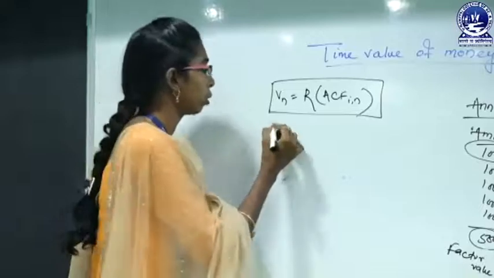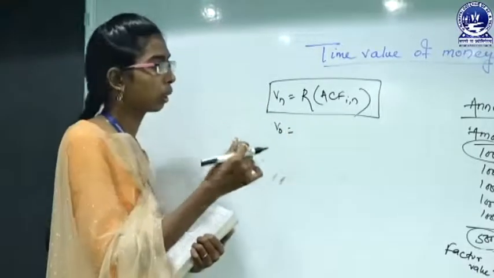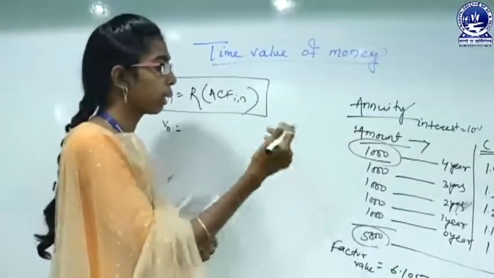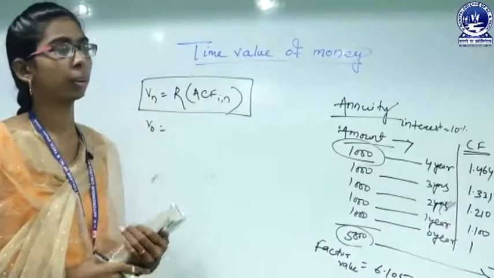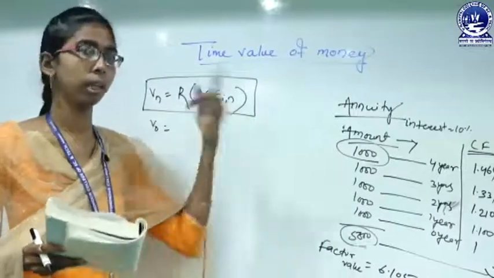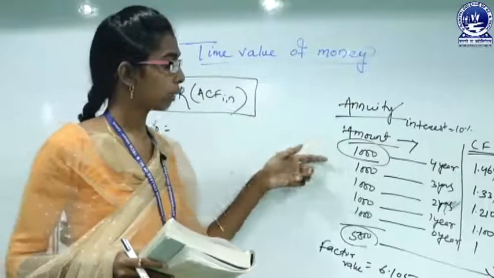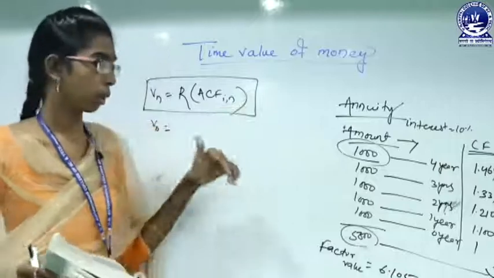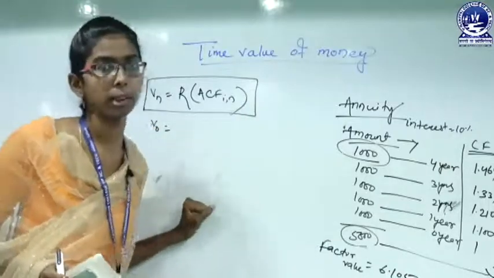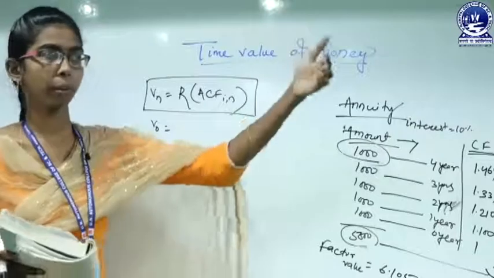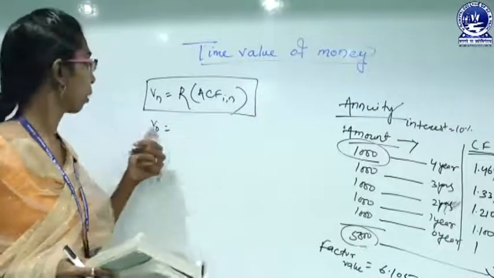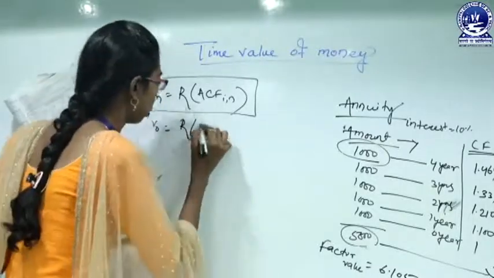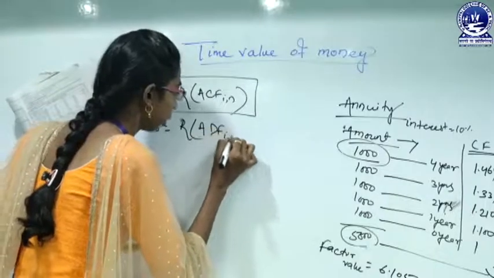Likewise, if we are going to calculate our present value, like if I am going to say that here we are paying, okay, but in case I am saying that the company is going to give me 1000 every year, okay, so I can simply calculate that अगर हर साल मुझे 1000 वो दे रहे हैं, तो अगर सारा पैसा मुझे आज का डेट में मिल जाए तो मुझे कितना मिल सकता है. तो हम फ्यूचर से प्रेजेंट की तरफ आ रहे हैं, तो वहाँ पे हम V0 अगर कैलकुलेट करना चाहेंगे तो ये हो जाएगा R ADF IN.